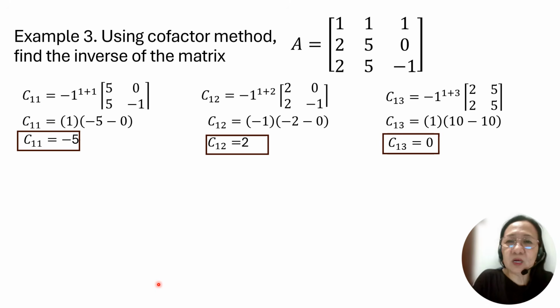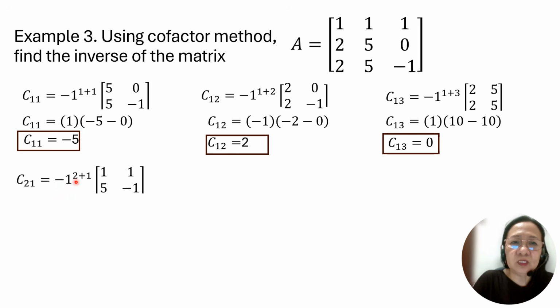Let us proceed to our second row. Let us find its cofactors. So the first number is 2. We have the position to get our sign. Negative 1 is raised to 2 plus 1. And then let us slash the second row and the first column. So the remaining matrix, we have here 1, 1, 5, negative 1.